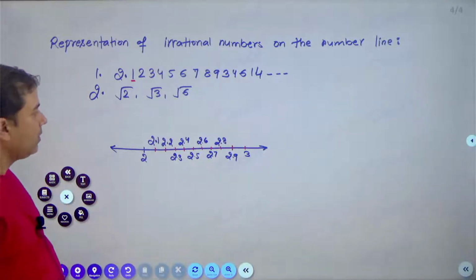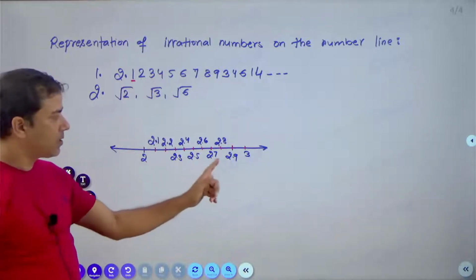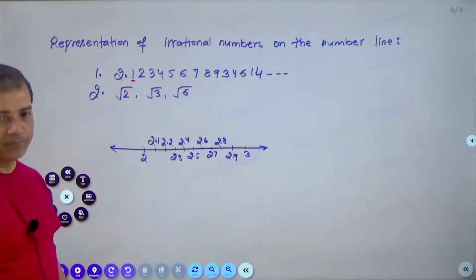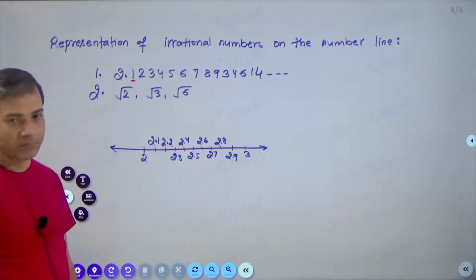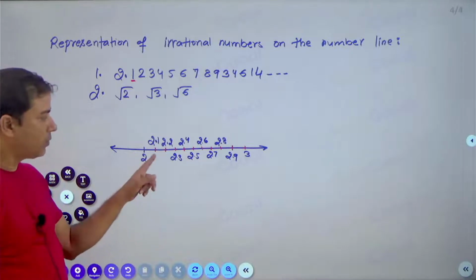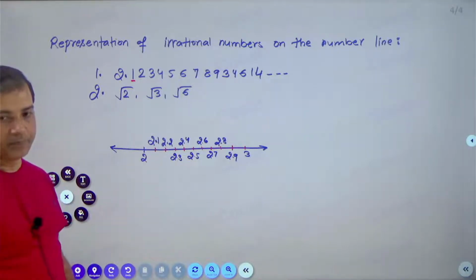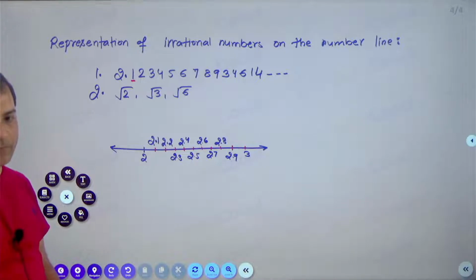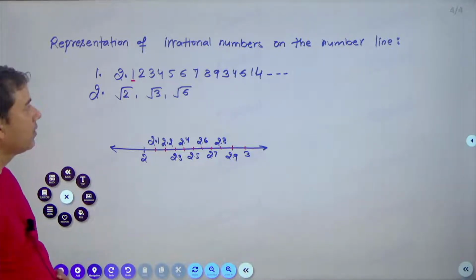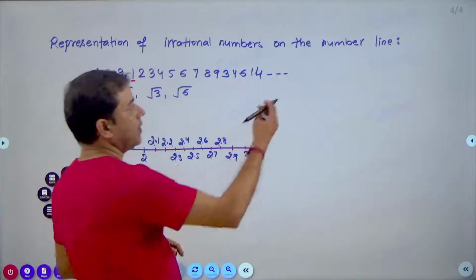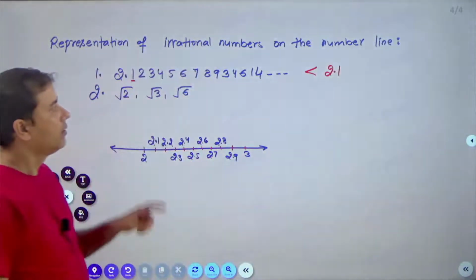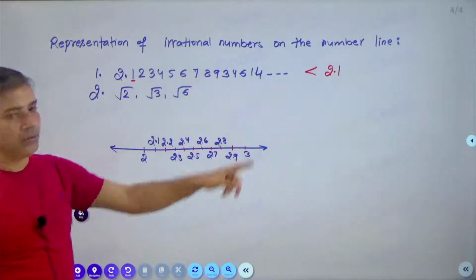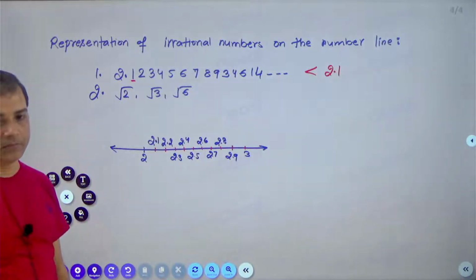Now can you tell me our number lies between which two decimal numbers here? Between 2 and 2.1. So you think this number is lesser than 2.1, yes or no? It is greater than 2.